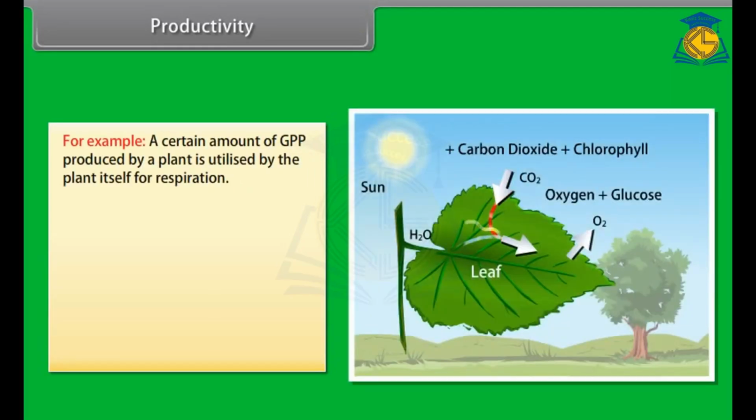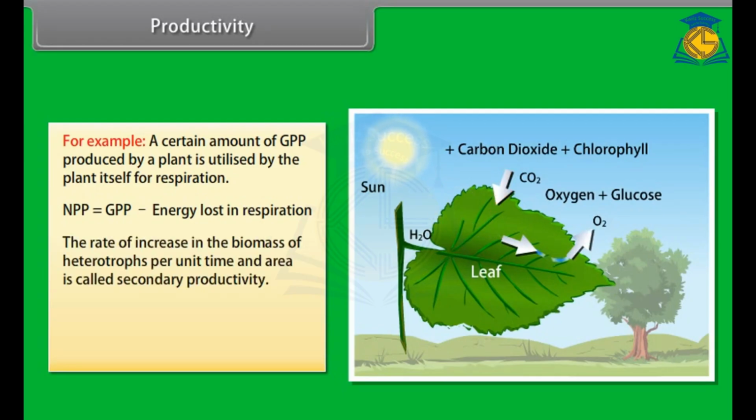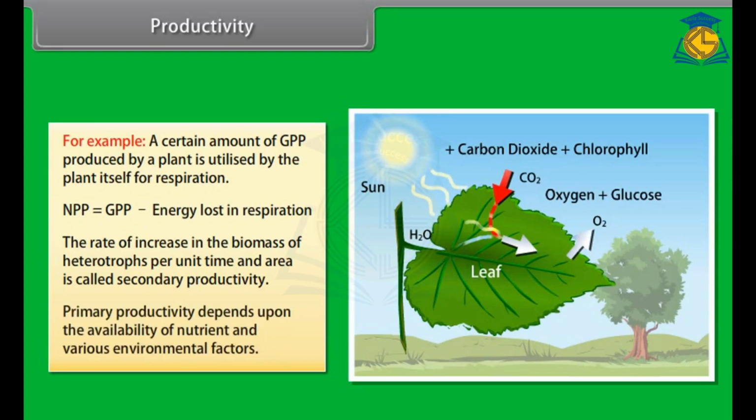For example, a certain amount of GPP produced by a plant is utilized by the plant itself for respiration. NPP is equal to GPP minus energy lost in respiration. The rate of increase in the biomass of heterotrophs per unit time and area is called secondary productivity. Primary productivity depends upon the availability of nutrients and various environmental factors.